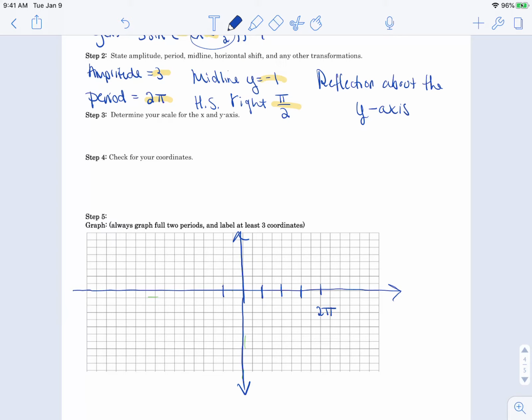And I have 1, 2, 3. And then I'm going to go every other tick mark, so mark your scale. Okay. And then again, I'm going to give myself that midline, which is at y equals -1.